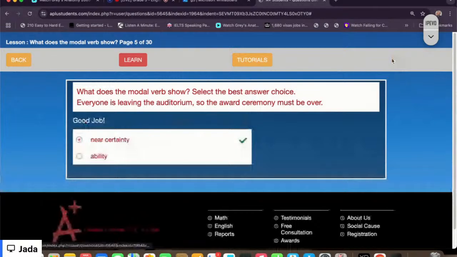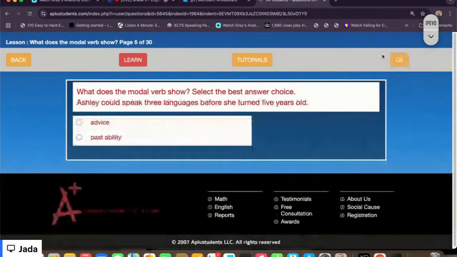So, near certainty. Ashley could speak three languages before she turned 5 years old.